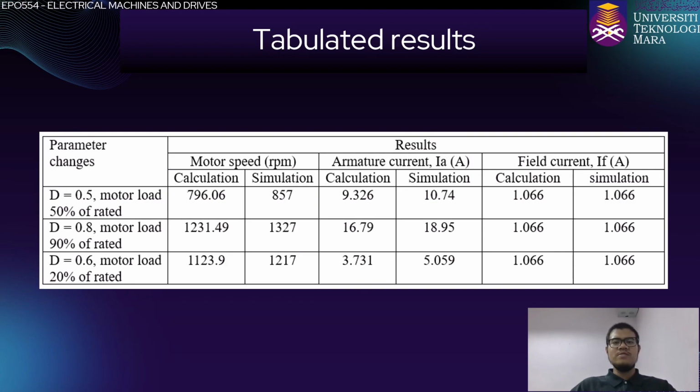These small differences are expected as they reflect losses and non-ideal effects considered in the simulation, but overall the agreement demonstrates that both approaches capture the same physical behavior of the motor.